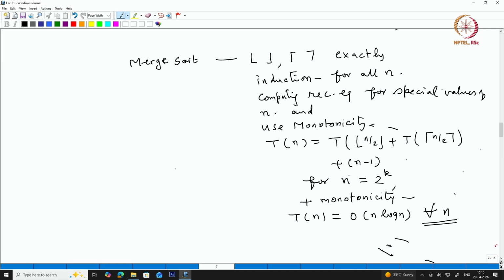This is proving the bound only for special values, and you are extending it for all n. So, we have seen certain mathematical details related to merge sort.